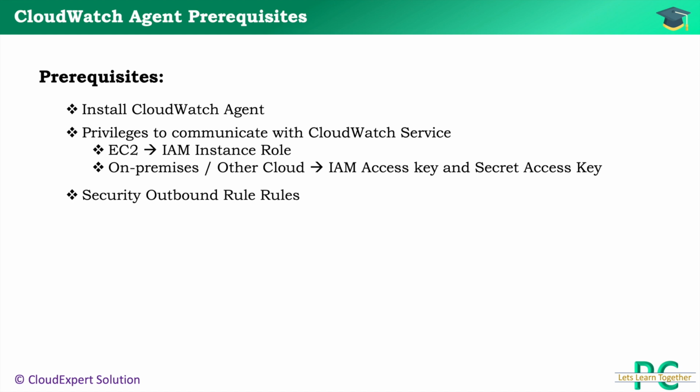But if you are using a custom security group, you have to make sure the outbound rules are open enough for the CloudWatch agent in your EC2 instance to communicate with the CloudWatch services. These are the high-level prerequisites for the CloudWatch agent to work.